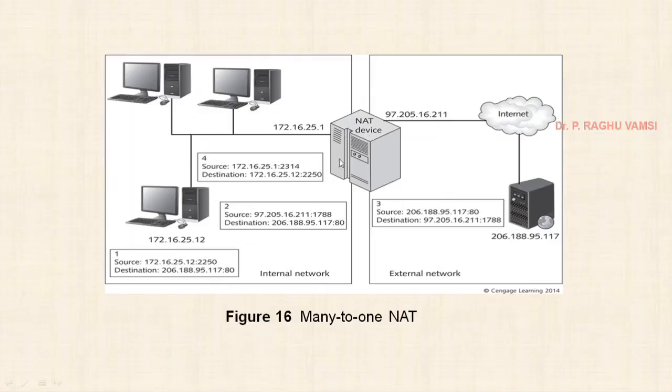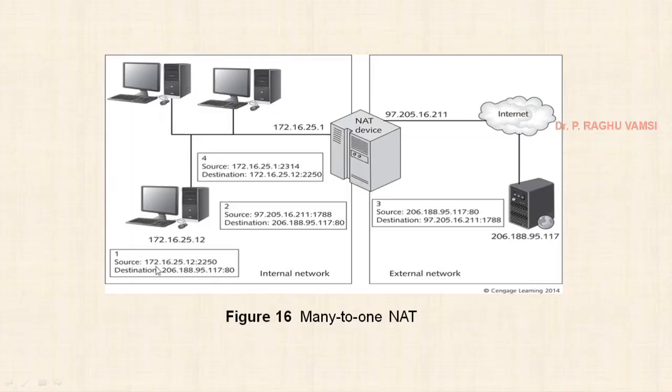The NAT device processes all the multiple requests coming from the internal network at once. That is, many internal IP address requests are processed at once as a single public IP address. Whenever the NAT device receives a response, the corresponding responses will be sent to the corresponding ports depending upon the port number they mention.